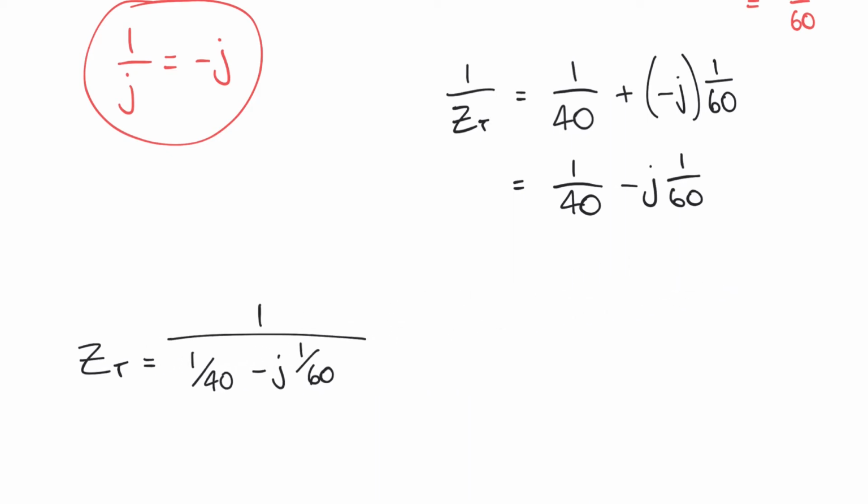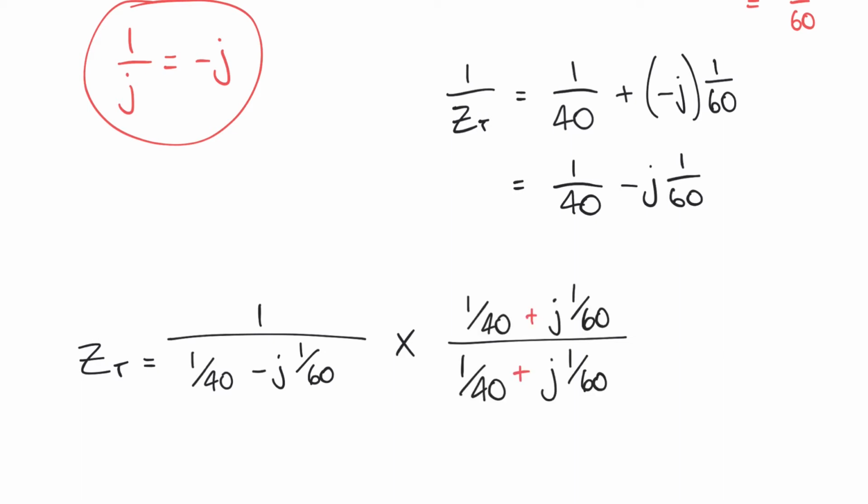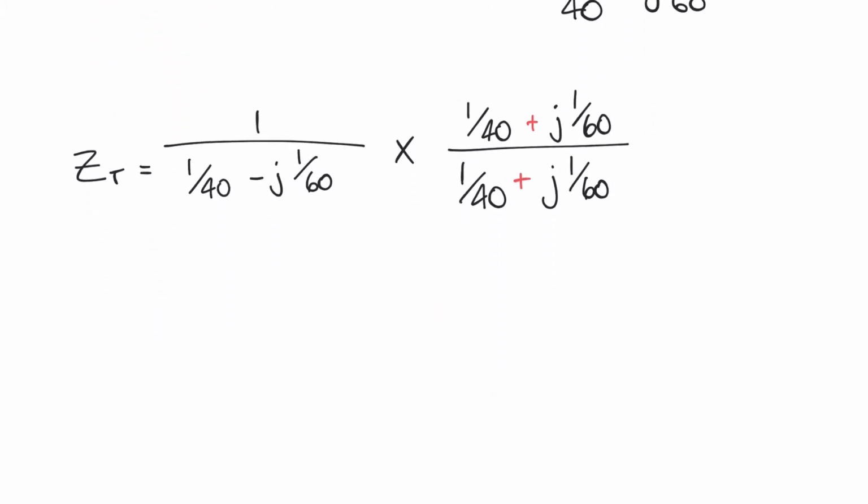We're going to multiply by a fraction that has the conjugate on the top and the bottom, and so we have something that looks like this. We have that denominator with the sign change. It's now a plus on the top and the bottom here. And what we can do is multiply these numerators on the top and denominators on the bottom. If we set that up, we have something that looks like this.